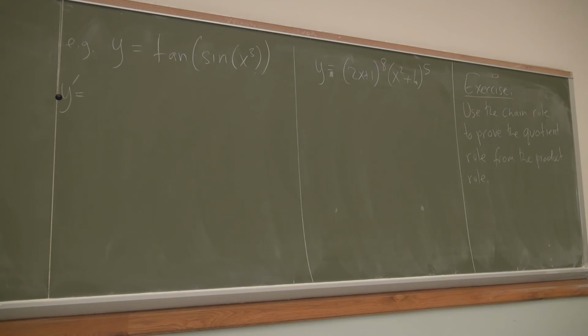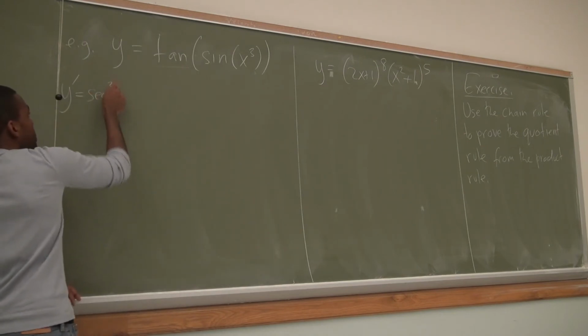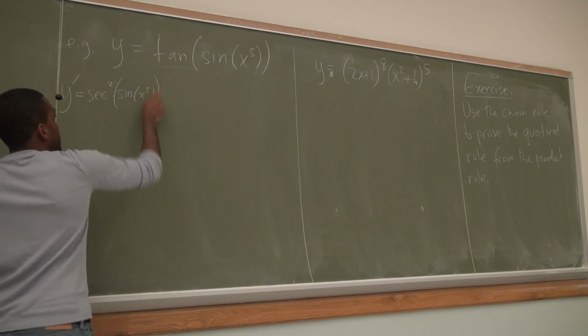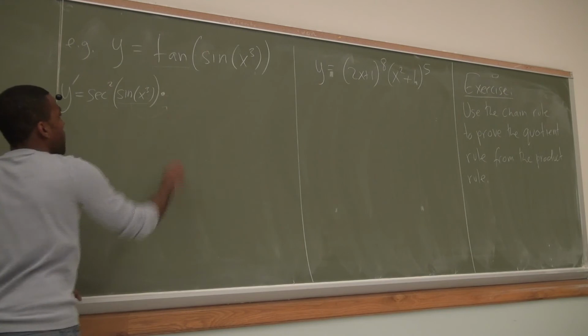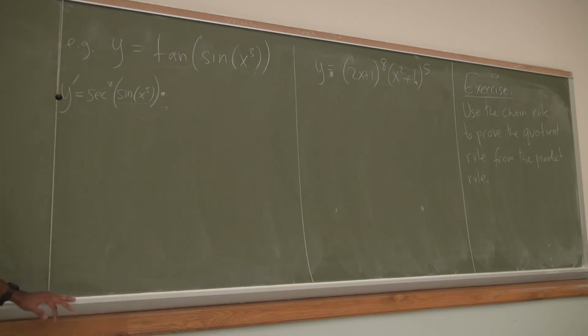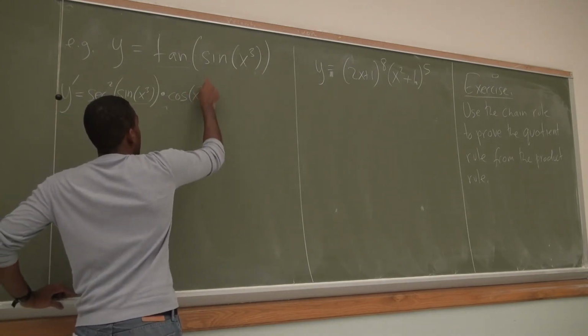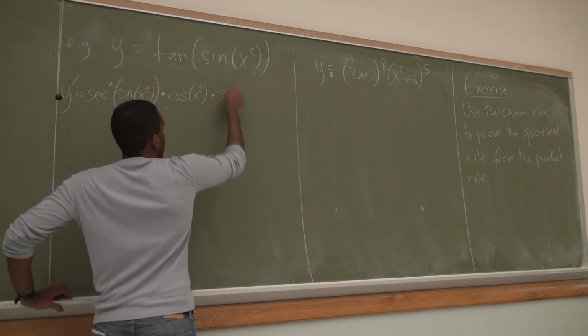So we will make it secant squared of sine x cubed. Tangent is the outside function, so we derive that as secant squared. Leave the inside function intact. Now we have to multiply by the derivative of the inside, right? So it's cosine of x cubed, times 3x squared.